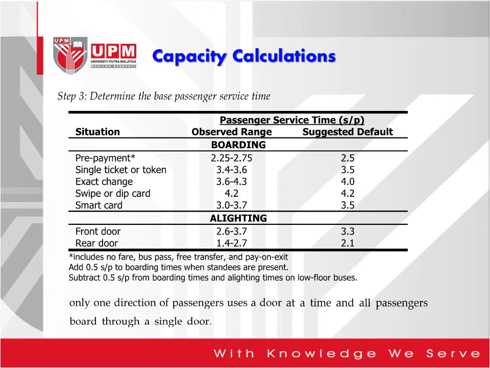And don't forget, in the footnotes we have to add 0.5 seconds per passenger when standees are present, and subtract 0.5 seconds per passenger for boarding time and alighting time on low floor buses, as I explained in the earlier slide.